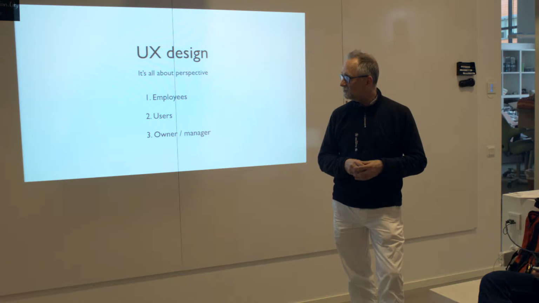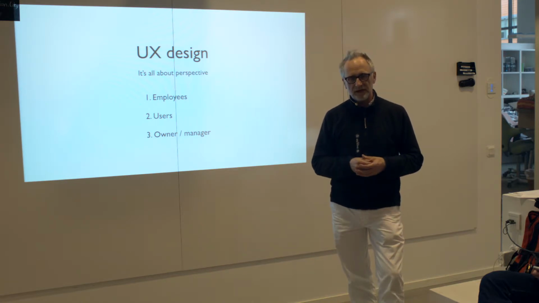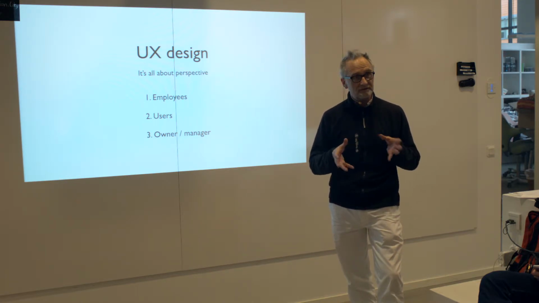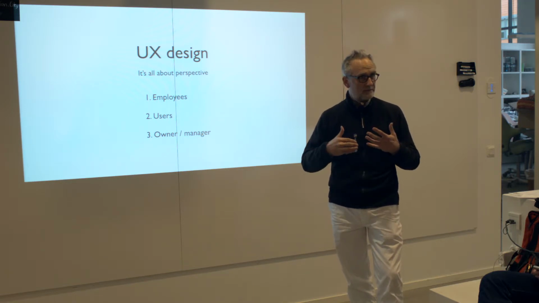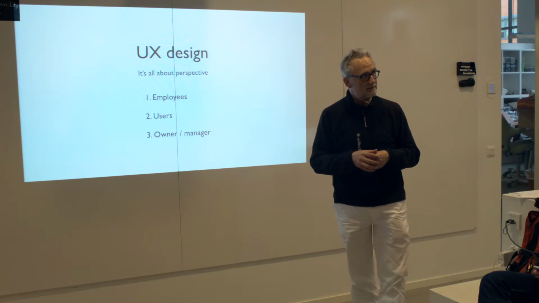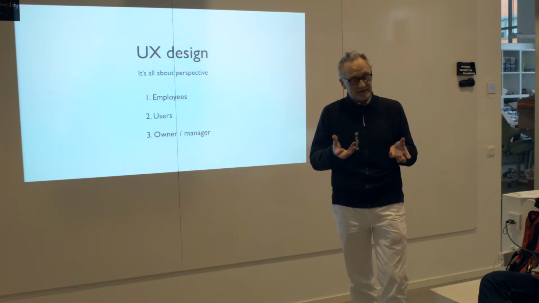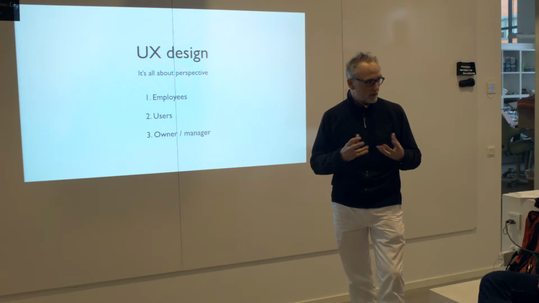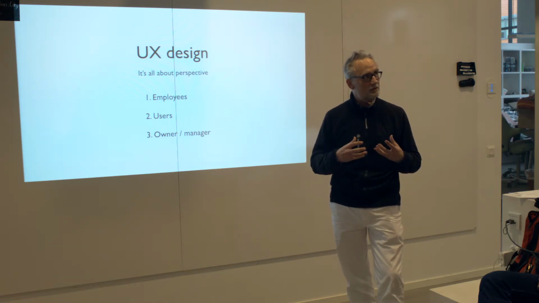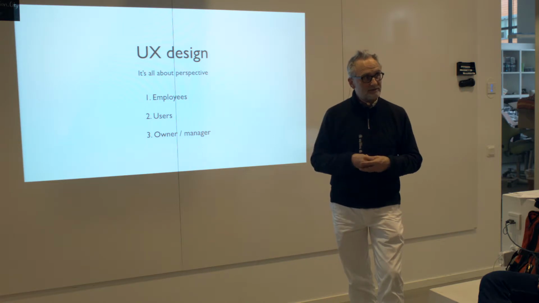But I believe that to do really good things, you have to focus on the employees first. Usually they are delivering the service to the customers, and if they have bad interfaces, or if they don't have any good working environment, it's difficult for them to provide good services for your customers.